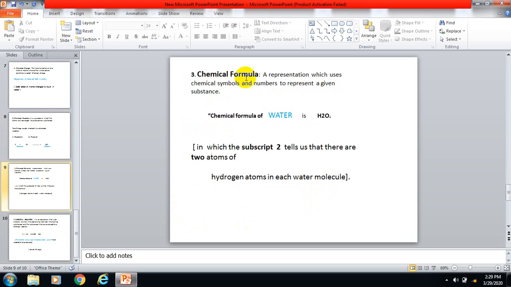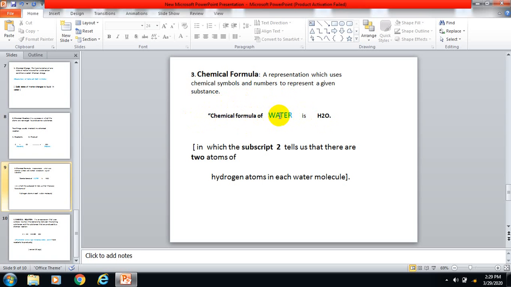The third one is chemical formula, a representation which uses chemical symbols and numbers to represent a given substance. Remember, it describes a thing with chemical symbols and their numbers. The chemical formula of water is H2O.